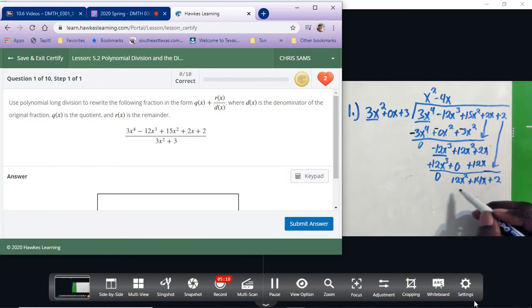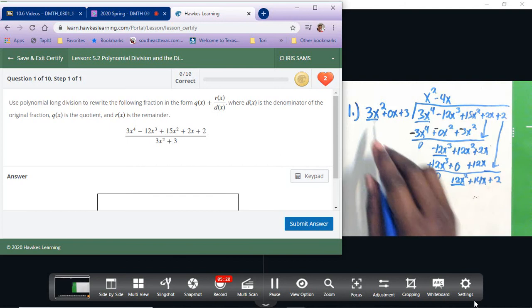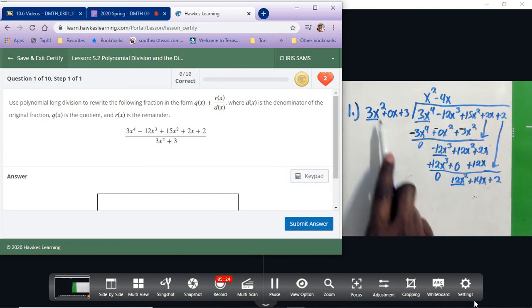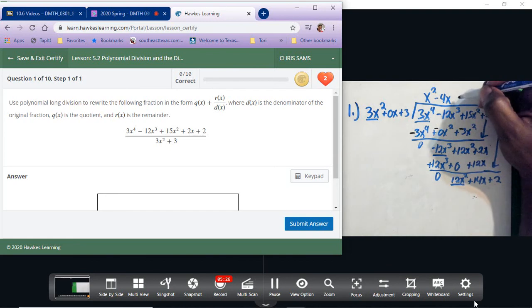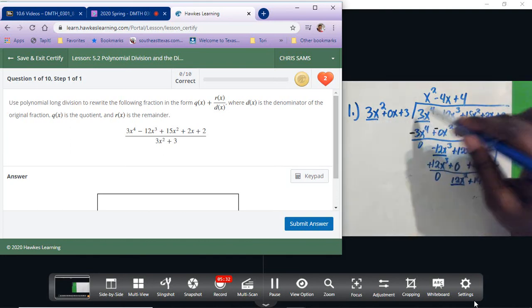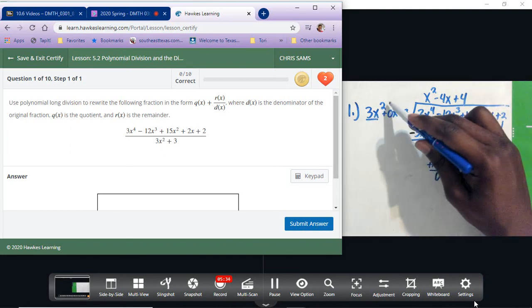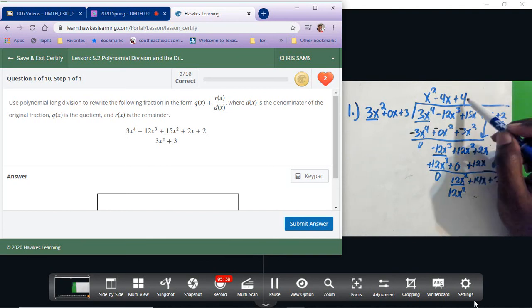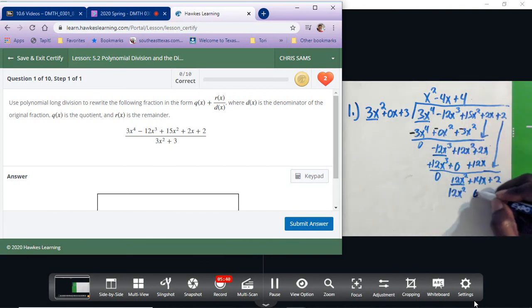And then we repeat. So focus on the first term only. 3 times 4 will give us 12, and we both have x squared. Okay, so just a positive 4. Alright, so multiply 4 times all of these. 3 times 4 is 12x squared. 4 times 0 will still be 0.